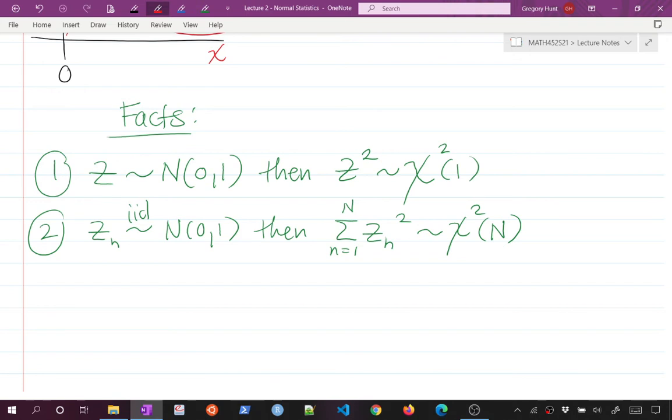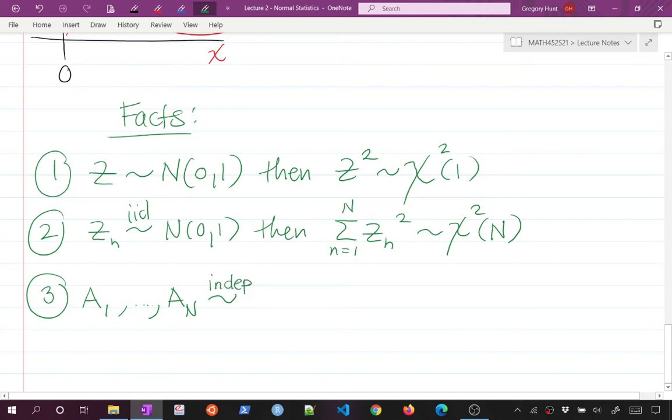The more general fact, we can write this as fact 3, is that if I have A1 to An, and these are independent random variables, chi-squared random variables, they're going to potentially have different degrees of freedom.